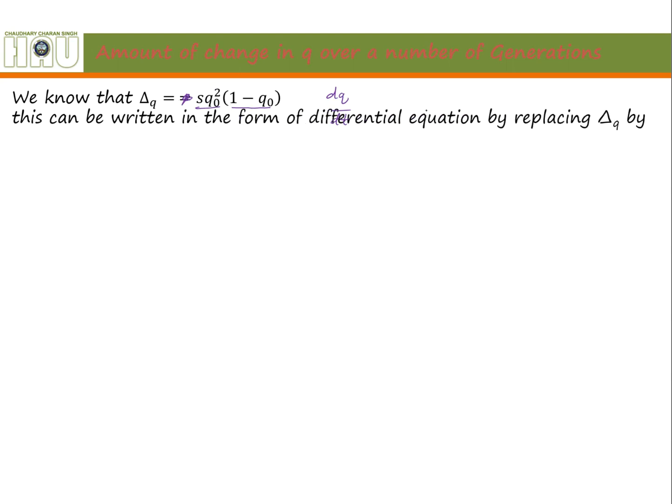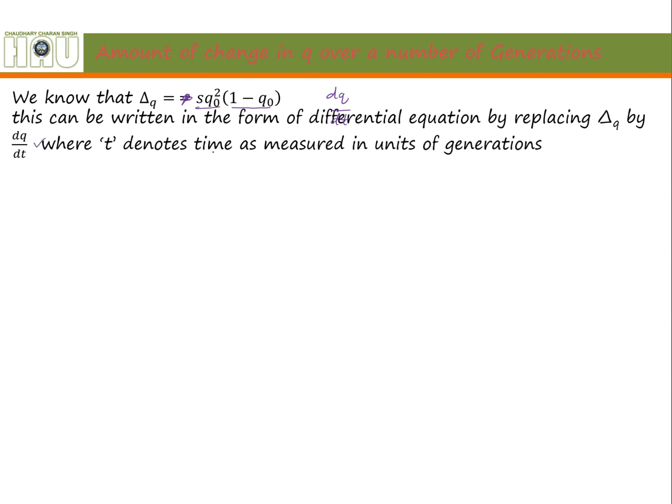So in place of delta Q, I write dq upon dt, and the minus sign is there, I had forgotten. So this will be equal to minus SQ0 square over 1 minus Q0.